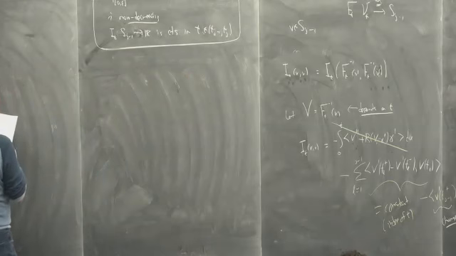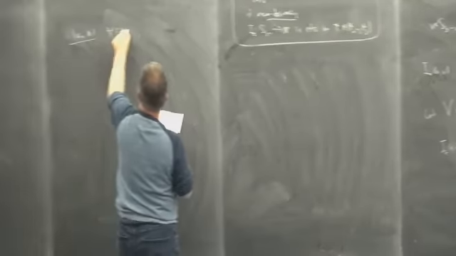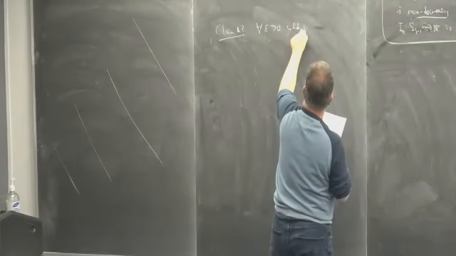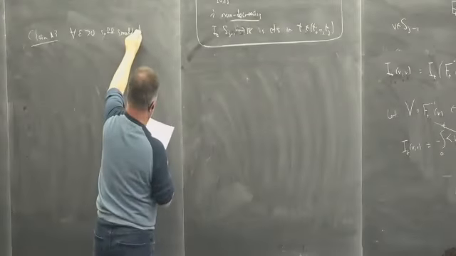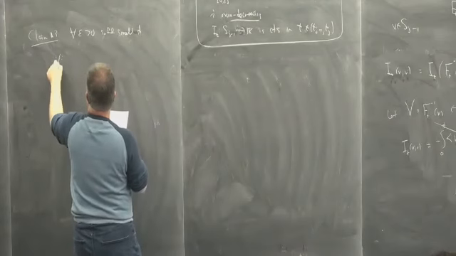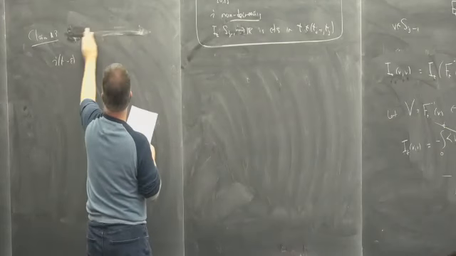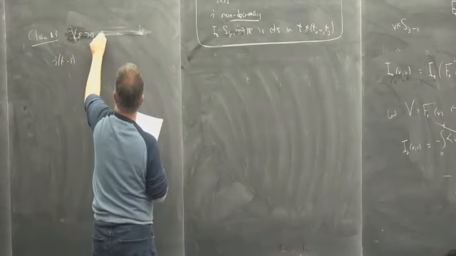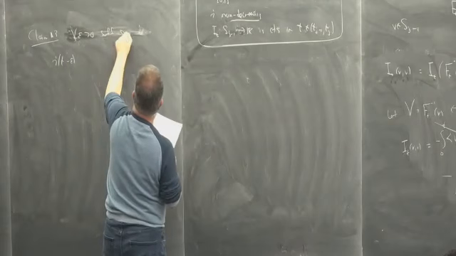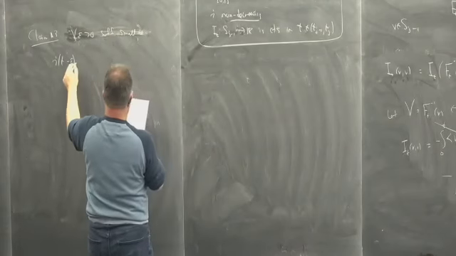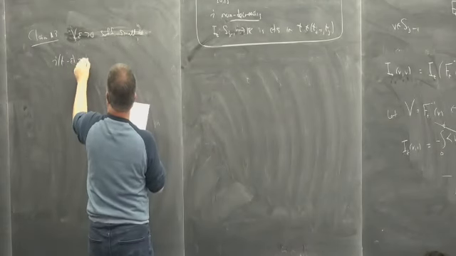Claim number 3: for all epsilon sufficiently small, i of t minus epsilon equals i of t.